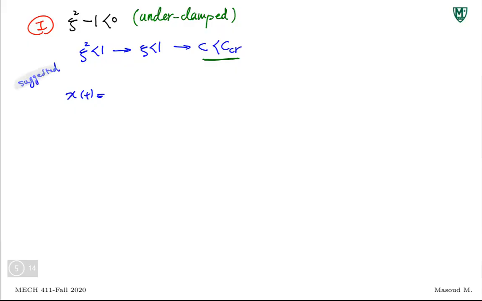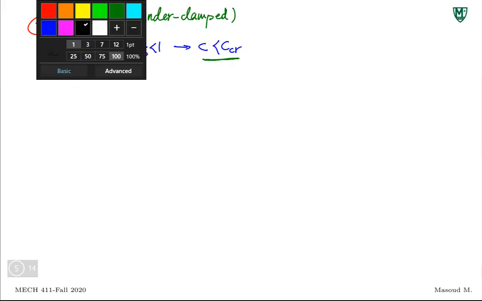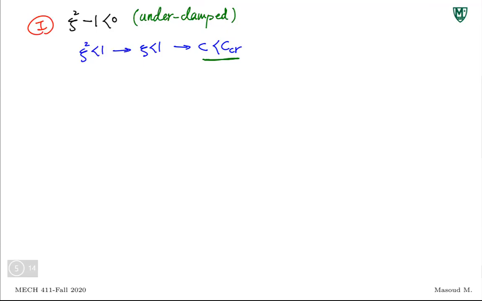Actually, let me define another thing before we go further. I remember I told you I'm going to define three things. Two things I already defined: damping ratio and critical damping. Now I'm going to define the concept of damped natural frequency.